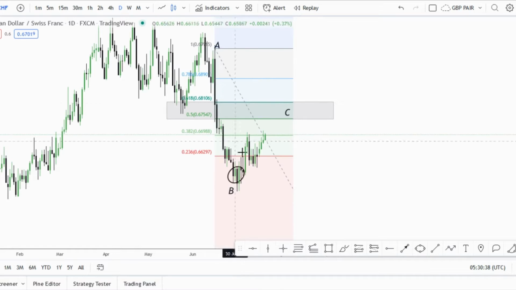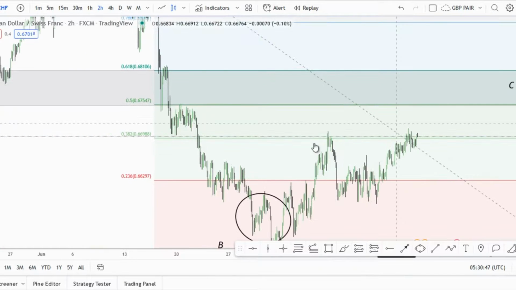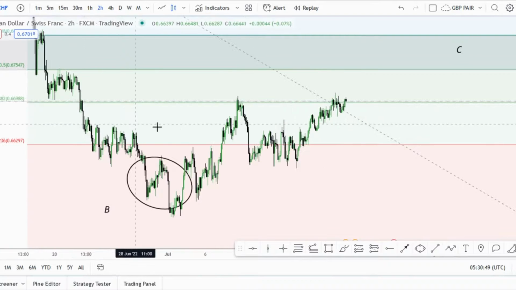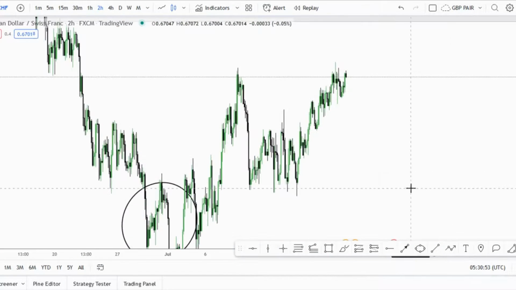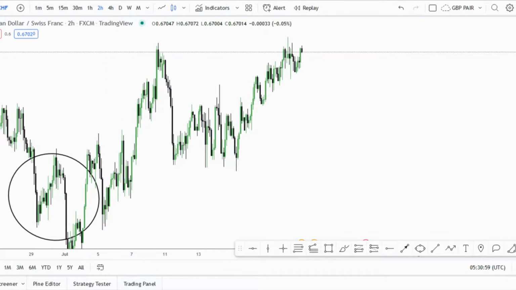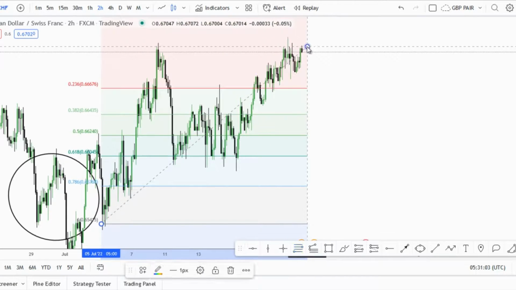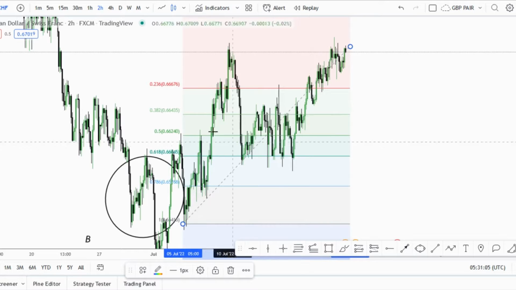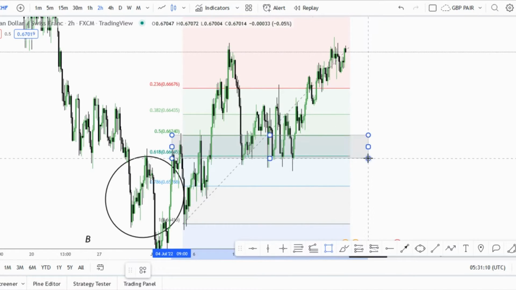Now I took this trade some days back. This is what I did. When I saw that turn around at point B, I came down, drew my Fibonacci from this impulse area, and you can see another area here.